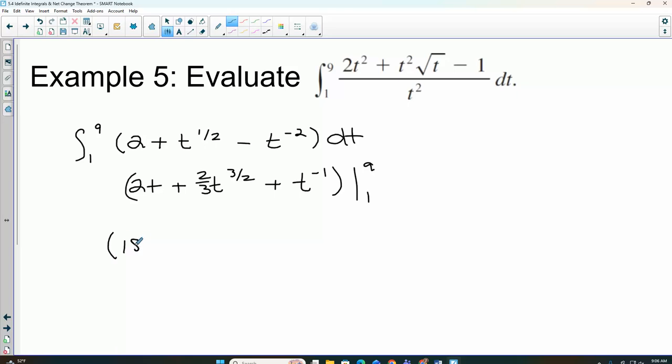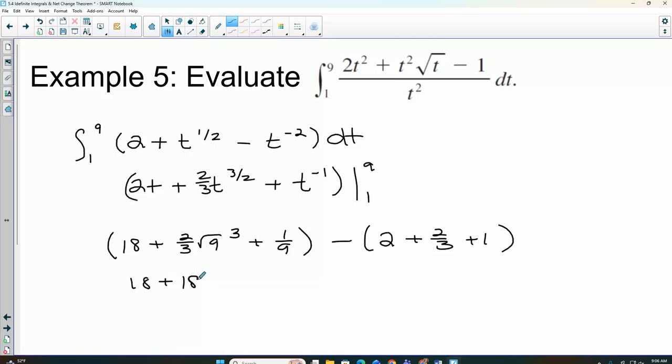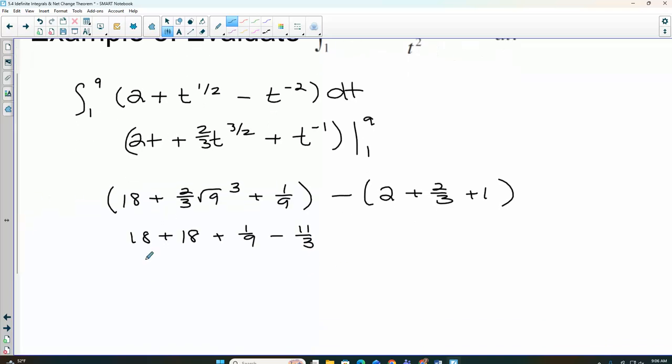So if I plug in my 9, 292 over 9, I believe.